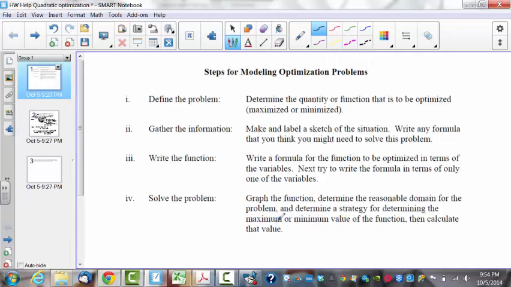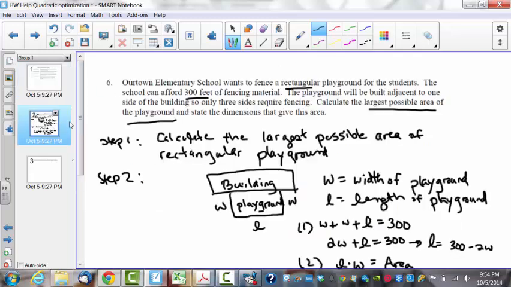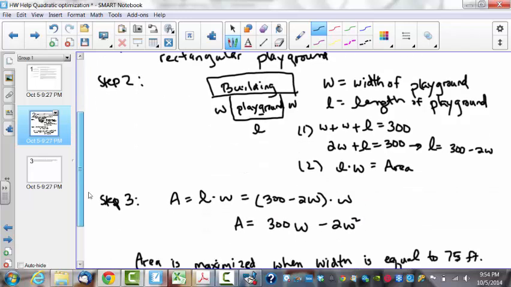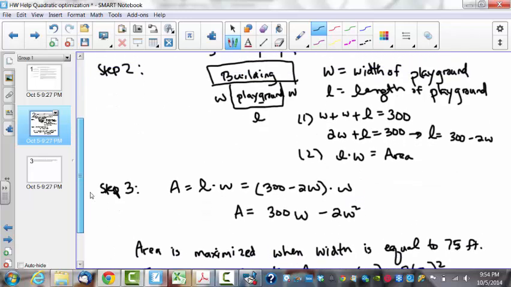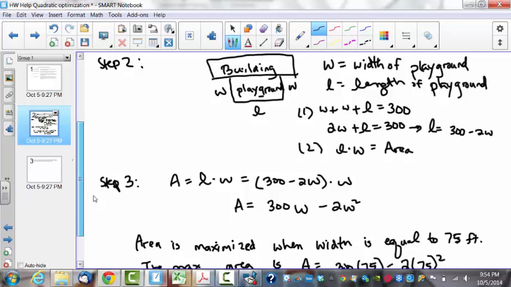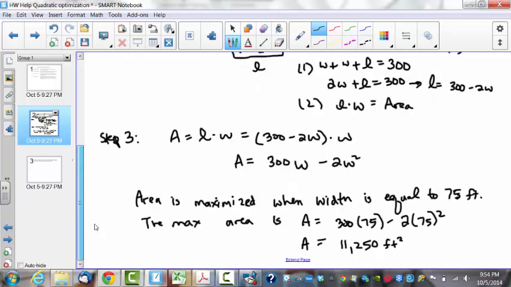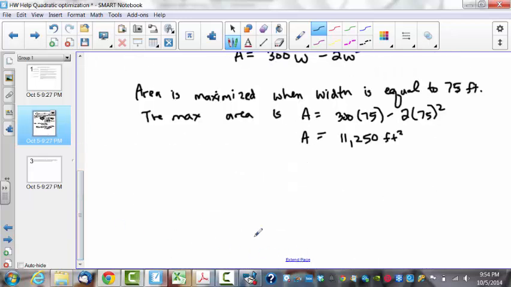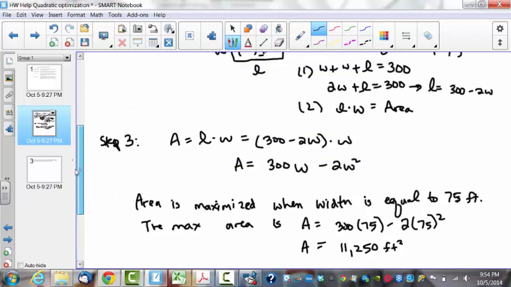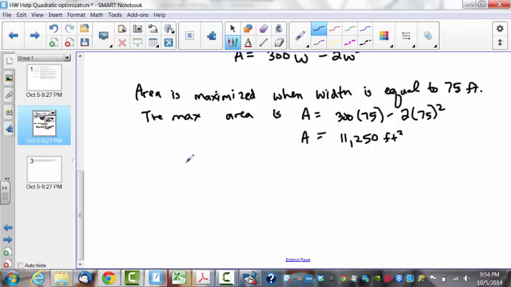We calculate the value, and we determine the dimensions. We found the width, so we need to find the length. So the length is 300 minus 2w.